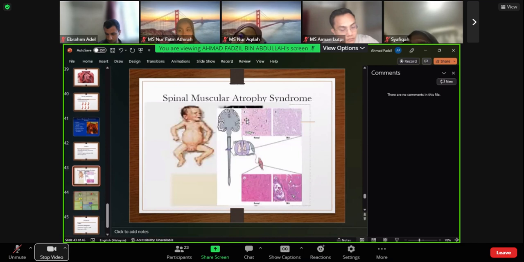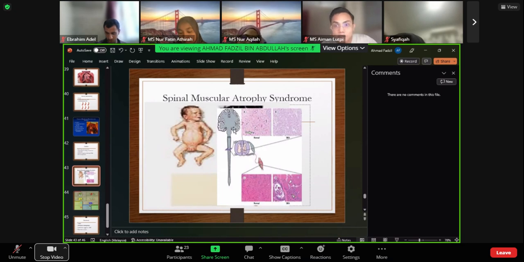Then the spinal, muscular, CNS and the spine: anything in the CNS or spine can result in respiratory distress in the child. But it is not very common, except if the child develops, let's say, intracranial hemorrhage.